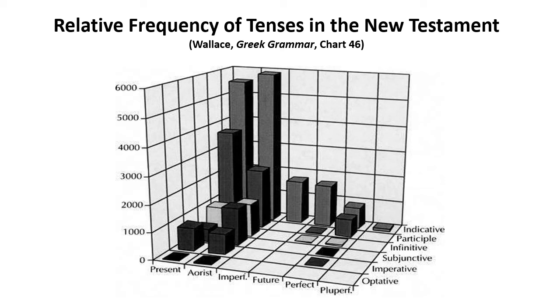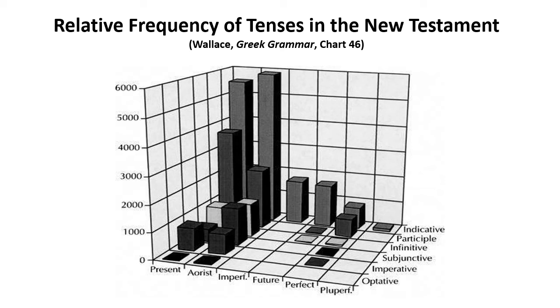So in the back corner of that graph, you see the highest buildings, if you will. It's almost like a little city. But you'll notice to the far right end of the bottom there, perfect and pluperfect, they are the least frequent occurring tense forms in the New Testament.